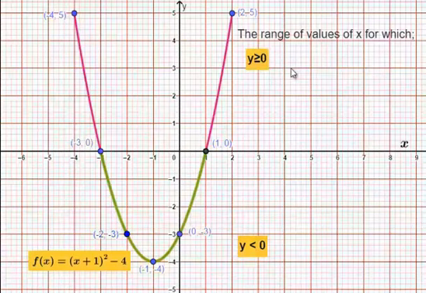You already know that above the x-axis, those there have positive y values. So we have two parts of the graph showing upward, the left hand side and then the right hand side.